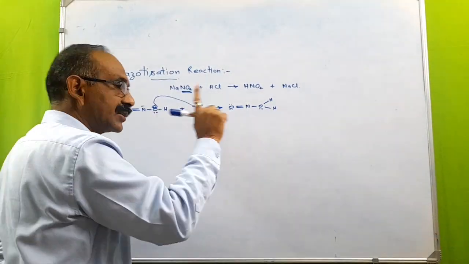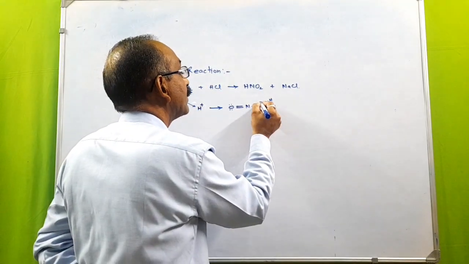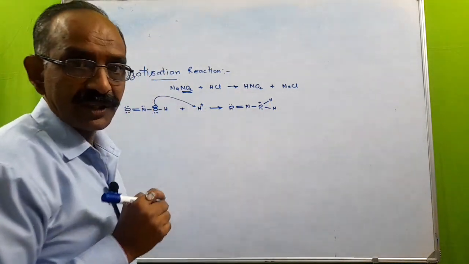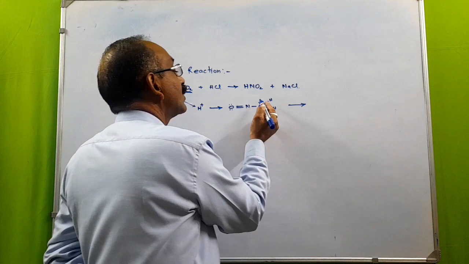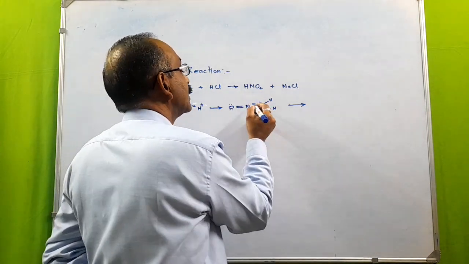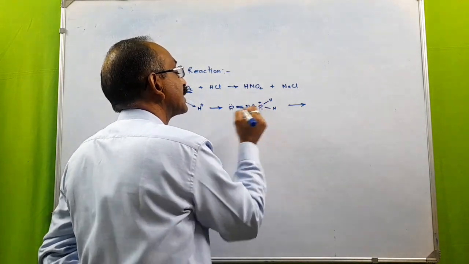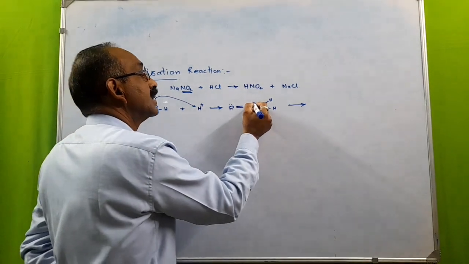As oxygen has donated an electron pair, it will become electron deficient and positively charged.